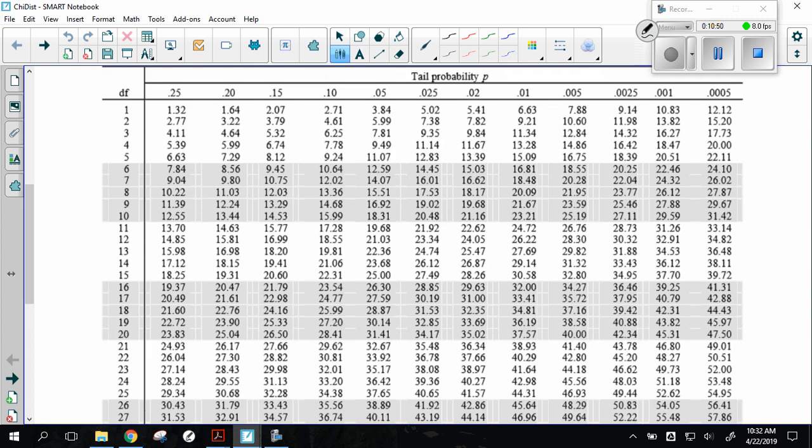So 3 degrees of freedom, 8.134 is located in here. So we're looking at an interval from 0.05 to 0.025.